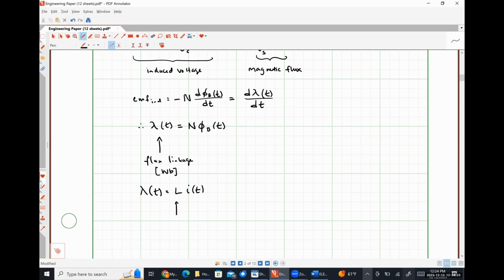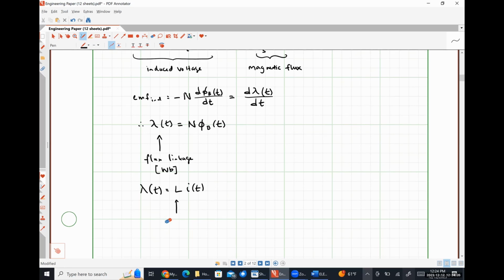So this L here is the self-inductance measured in henries. And this i of t is the time varying current creating our flux, phi of t.